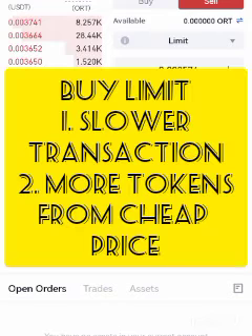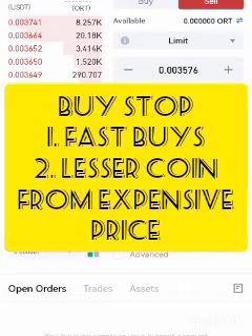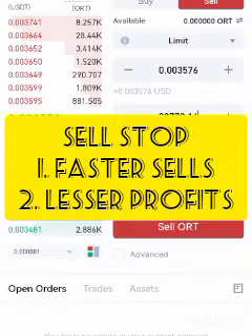Now the disadvantage of that is that you will get a reduction in your profit. Your profit margin will be reduced, but you will get your order executed on time because the buyers are willing to buy cheap from you at that particular point, so you will get your orders executed instantly.